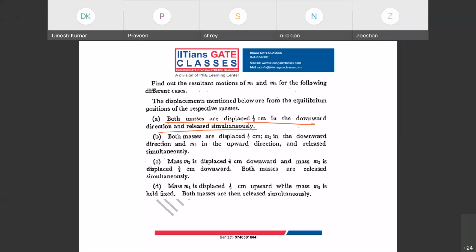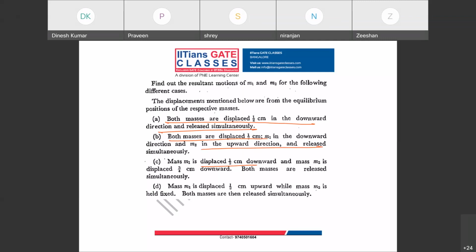Case 2: both masses are displaced half a centimeter but in opposite directions simultaneously. Case 3: both masses are displaced with a different magnitude, and the same way case 4.